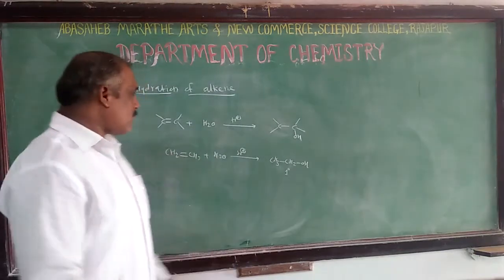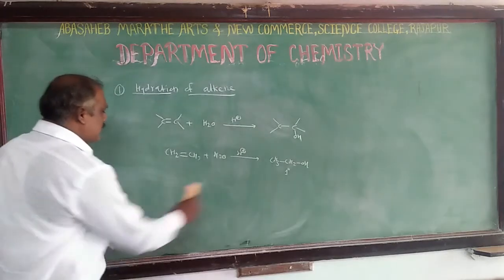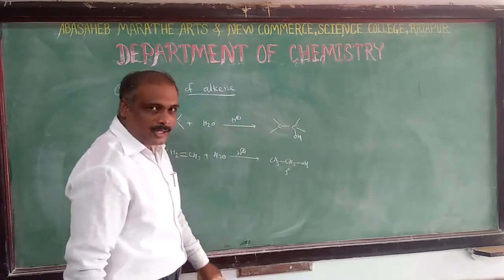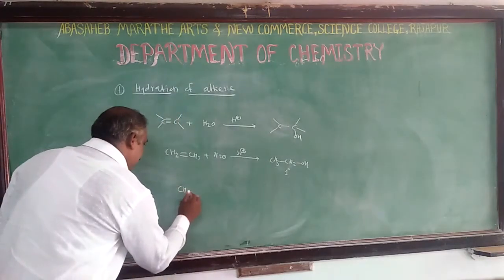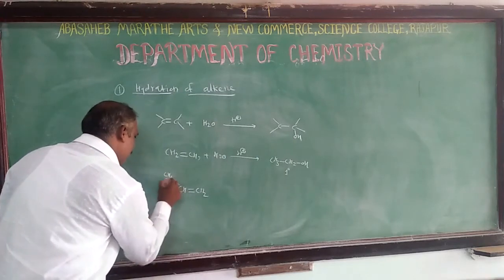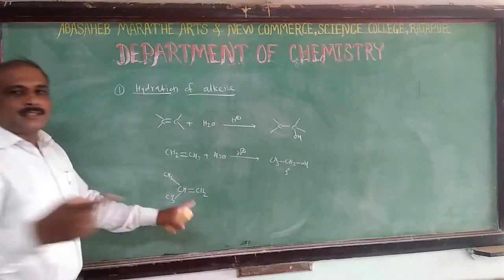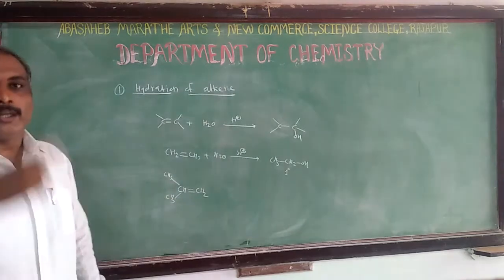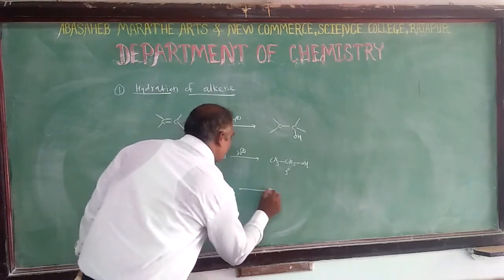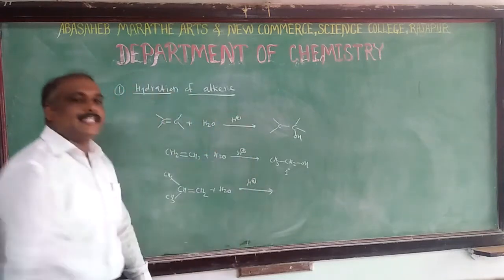Next, we take an unsymmetrical alkene like this. It will create a different alcohol in the presence of acidic conditions.